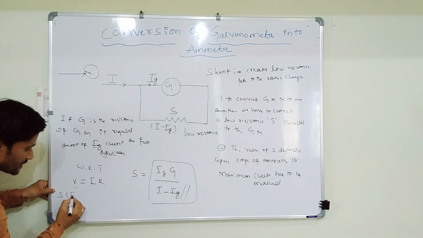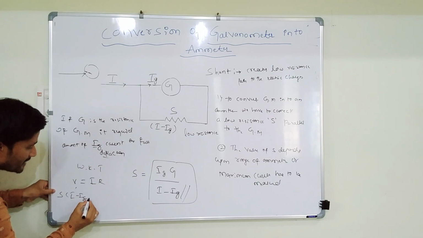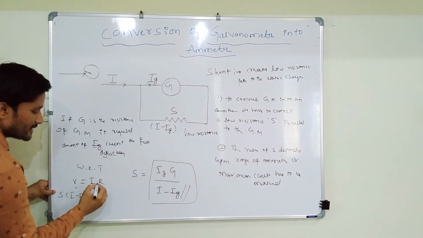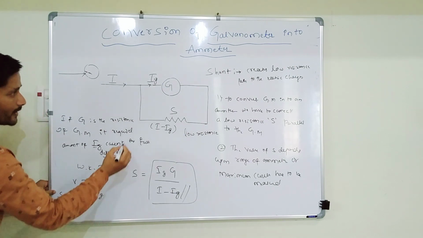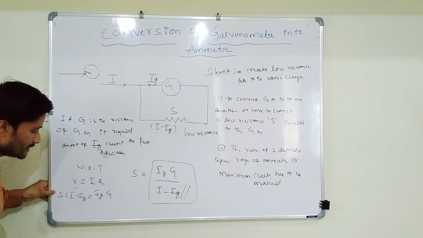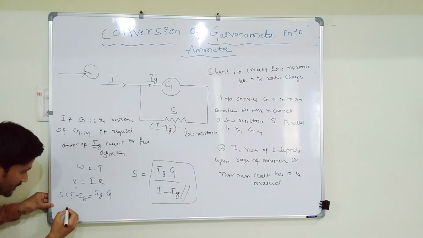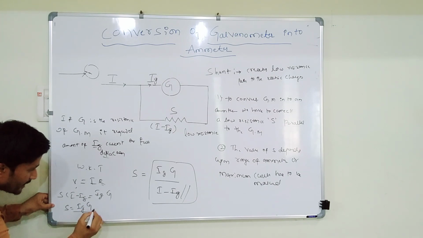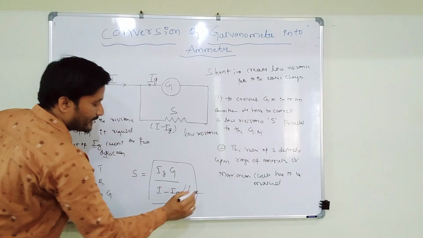So S into (I minus Ig) is equal to Ig, the current through the galvanometer, into G, its resistance. When we simplify this, we get S equal to Ig into G divided by I minus Ig. This is the equation we get.